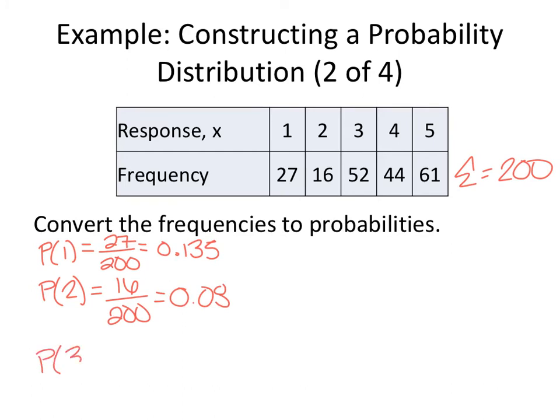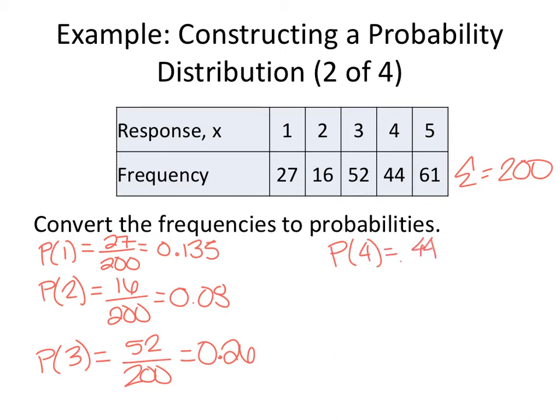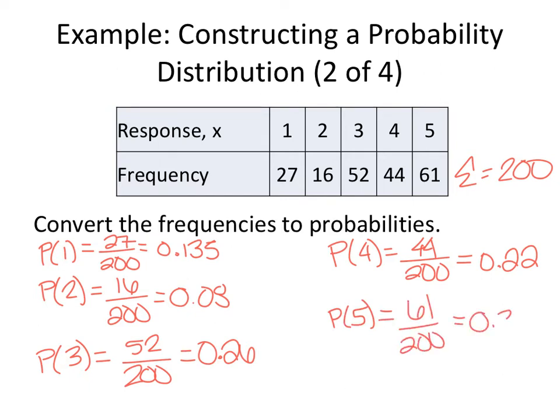The probability of getting a 3 is 52 out of 200, which is 0.26. The probability of getting a 4 is 44 out of 200, which is 0.22. And the probability of getting a 5 was 61 out of 200, and that's 0.305.